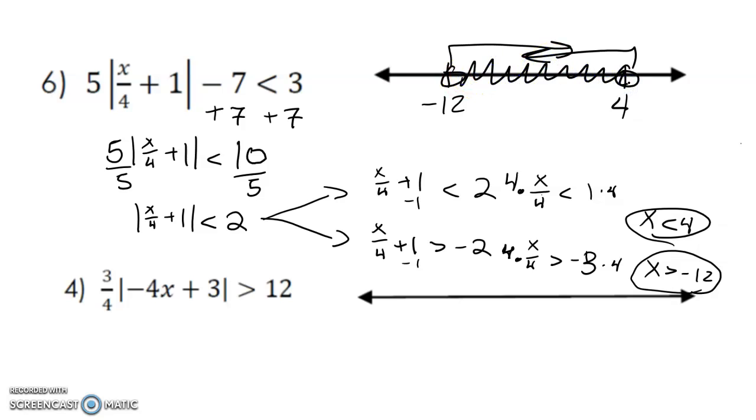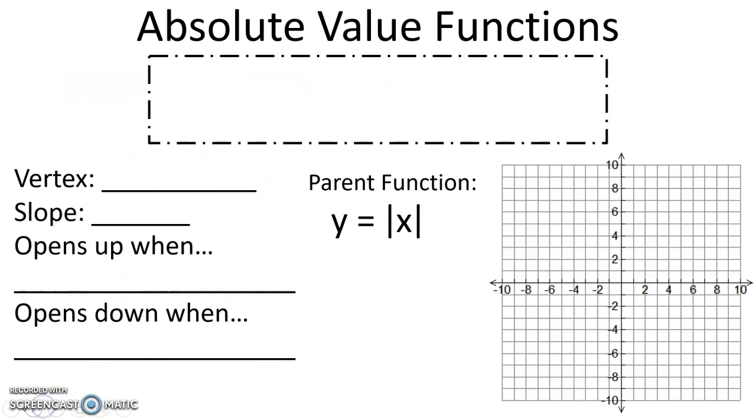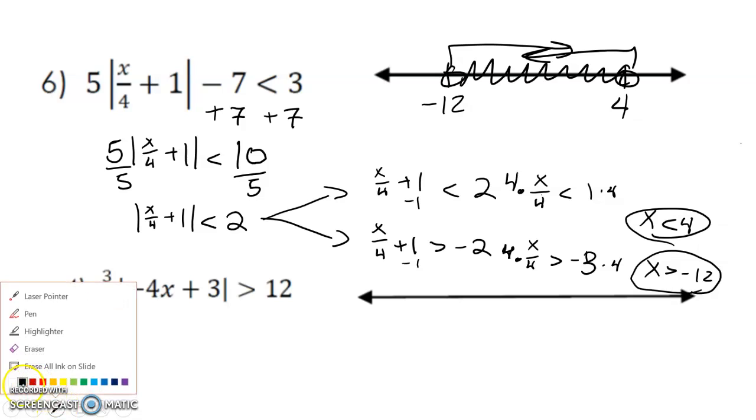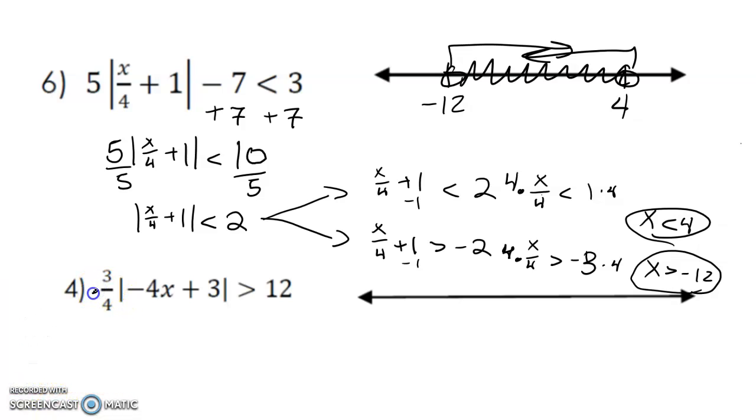And if we do this last example here, I've got the 3 over 4 on the outside. So 3 over 4 right here, I want to move that over to the other side. What I can do is multiply by the reciprocal. Up here we would divide it over, but since we have a fraction, I really don't like dividing fractions out.